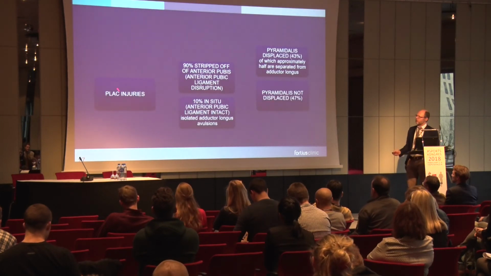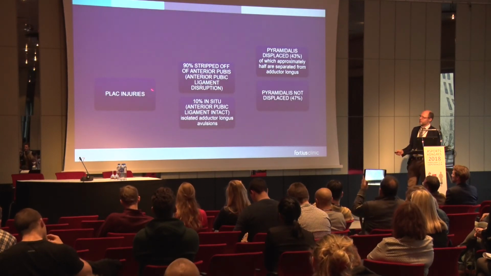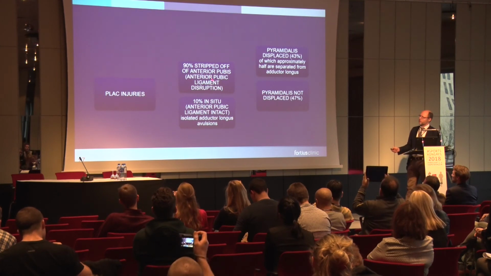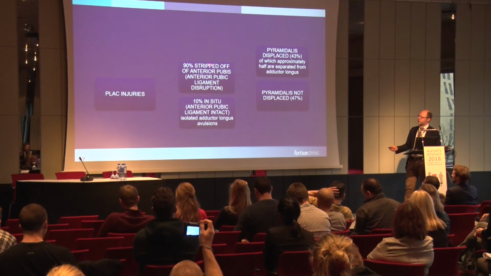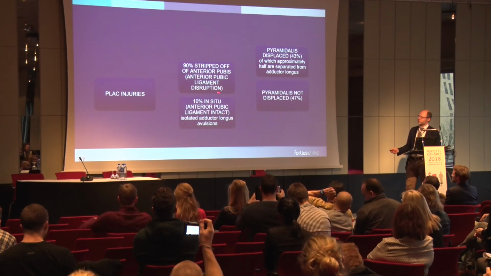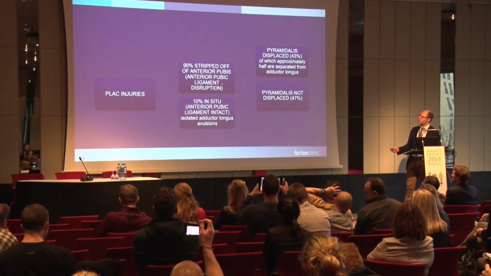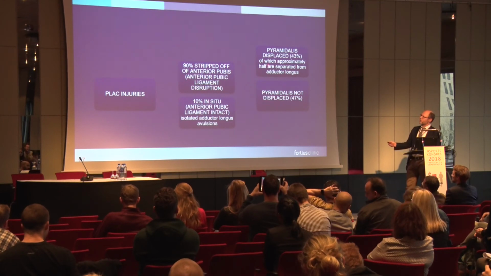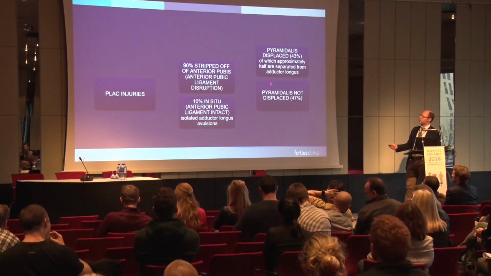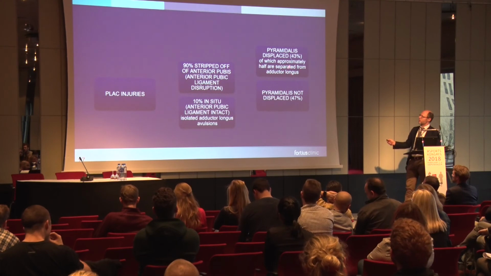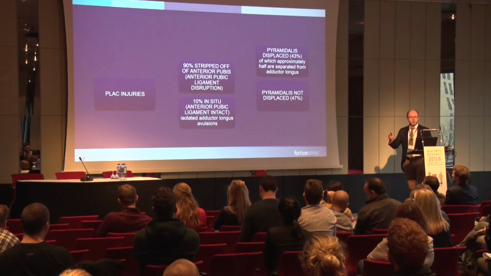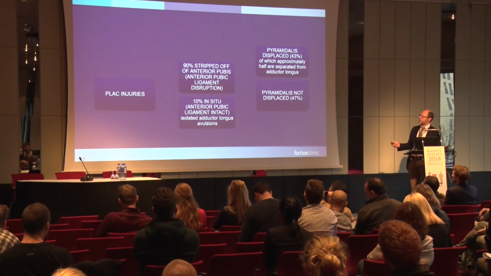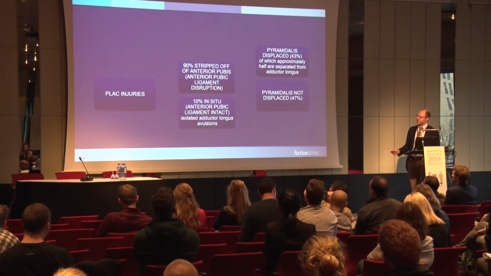So if we look at our imaging results, we see that in those plaque injuries, in 90% of the cases, the plaque is actually stripped off from the anterior pubis, so there's disruption of the anterior pubic ligament. In half of the cases, the pyramidalis is displaced, and of those who are displaced, about half of them, the pyramidalis is separated from the adductor longus.